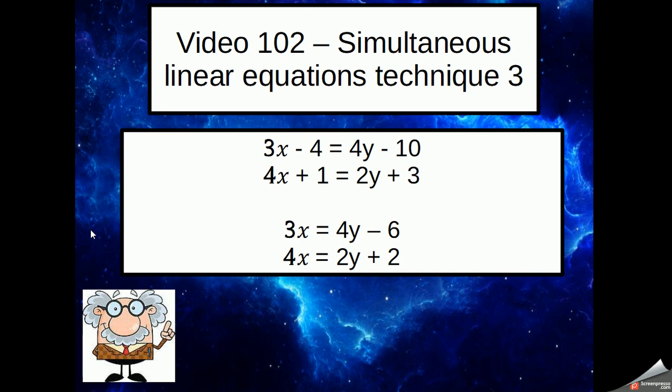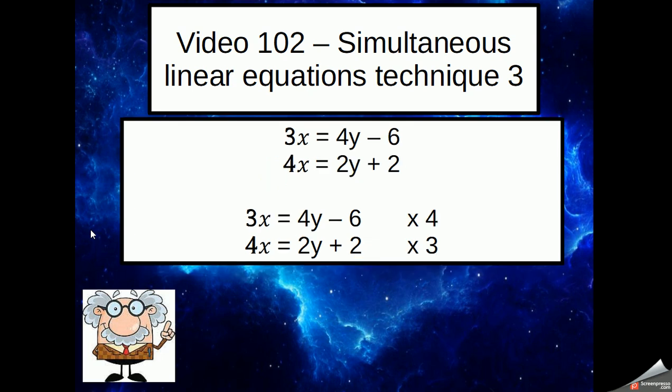So now I've got nice simplified equations. What is my next step? Well, I want to make the number of x's the same in both equations. So to do that, just as I showed you in simultaneous linear equations technique 2, I'm going to multiply the whole top equation by the number that's in front of the x in the second equation, and I'm going to multiply the whole bottom equation by the number that's in front of the x in the first equation.